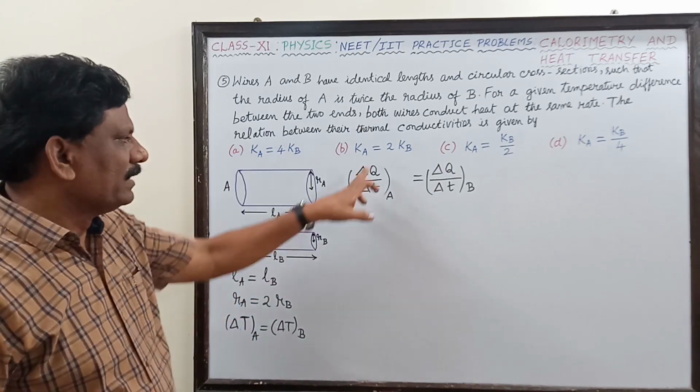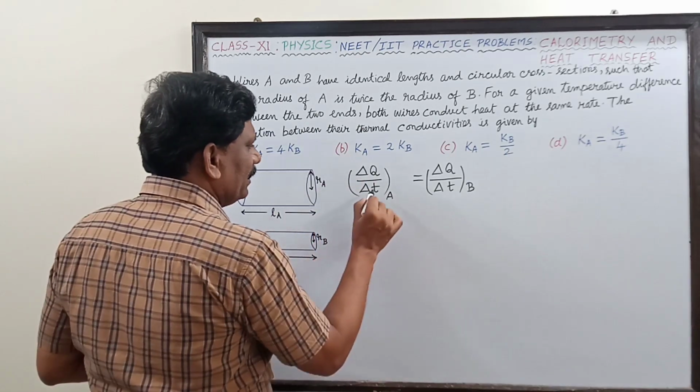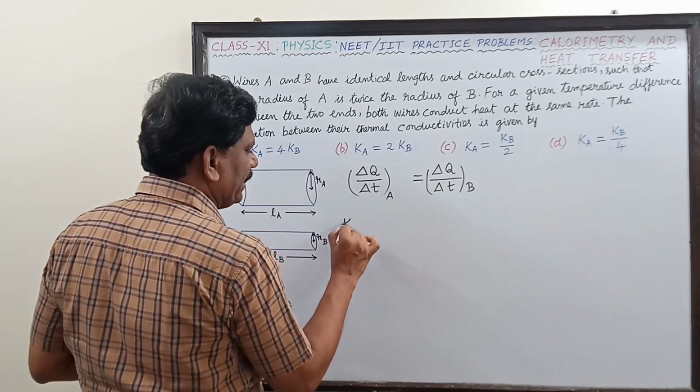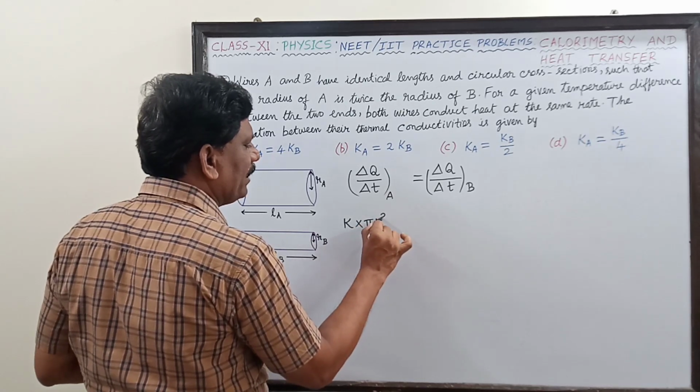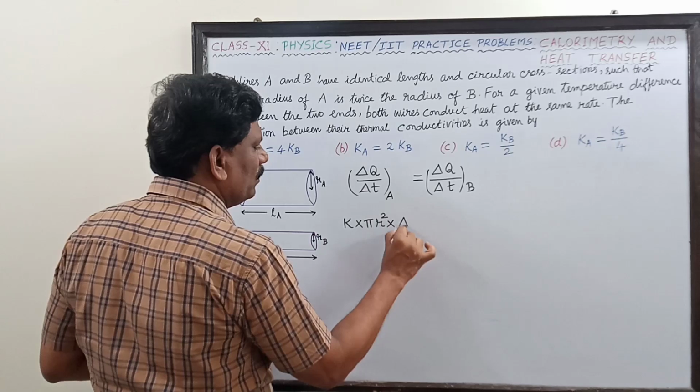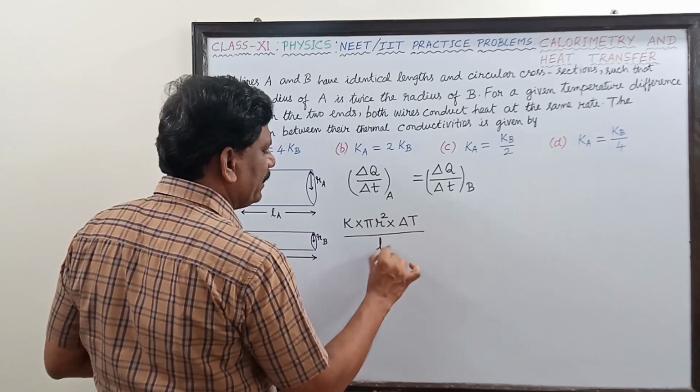Now, what is the expression for delta Q divided by delta T? This is the thermal conductivity K into area of cross section of the wire, pi r square, into delta T divided by the length.